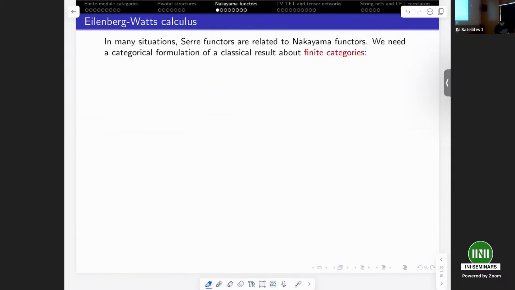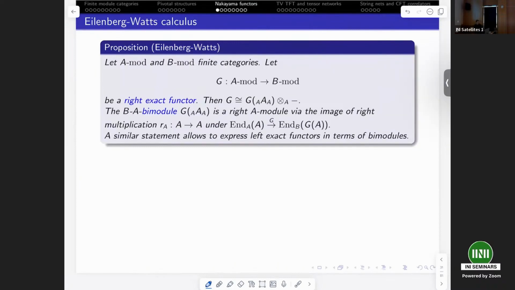Okay. So let me first recall a very classical result. So suppose I have two finite categories, and suppose they are given in terms of modules over two algebras, and I have a right exact functor. Then this right exact functor can be represented by tensoring with a bimodule.